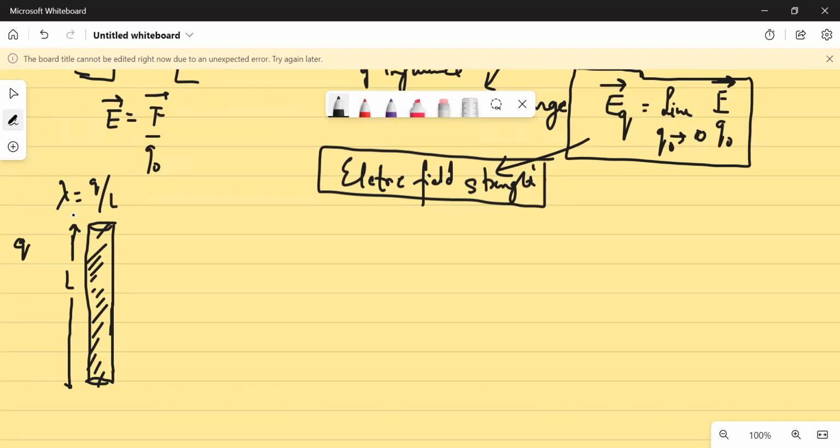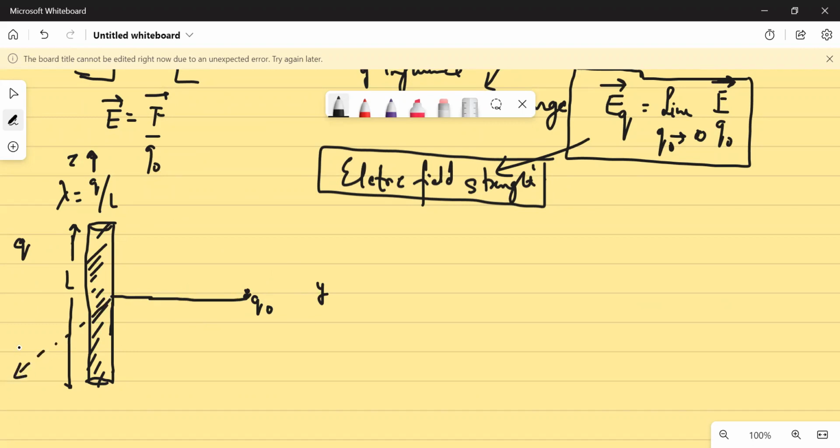And I want to find the force exerted by this particular rod on a point charge Q naught. Let's say this is your Y axis, this is your Z axis, and obviously this will be your X axis.